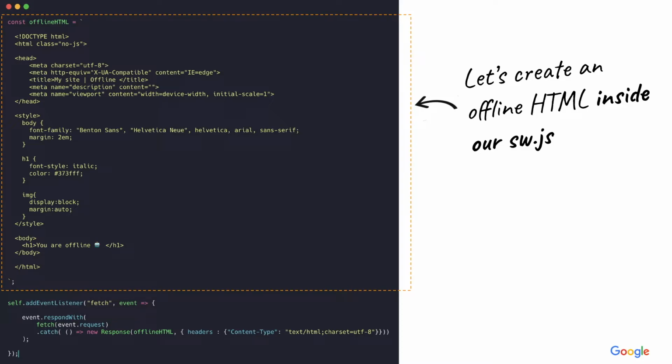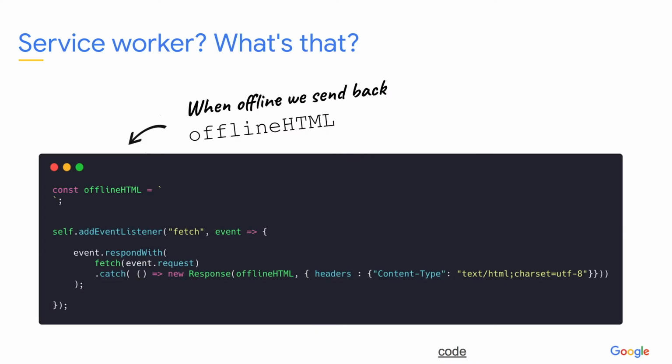Here I created a basic offline page, but with a bit of CSS. And instead of putting my HTML directly in new response, as I just did in the slide before, I send back the variable. So we have something like this.